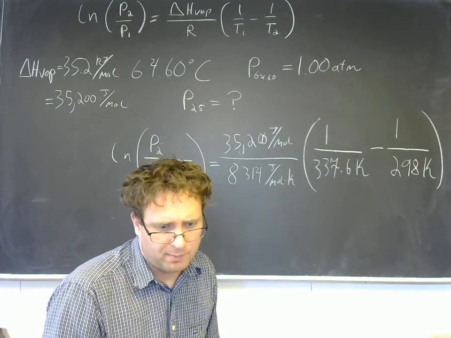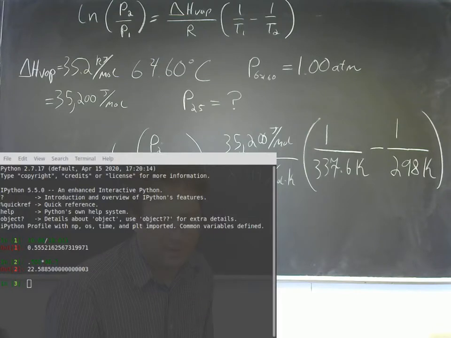I'm going to put up my calculator. Let's start by figuring out this difference in the temperatures. So I'll say 1 divided by 337.6 minus 1 divided by 298.